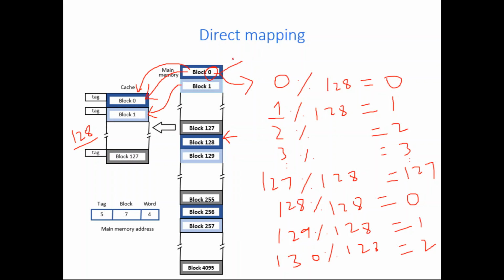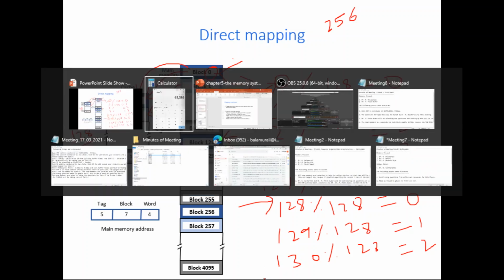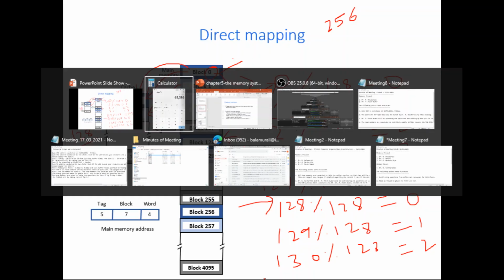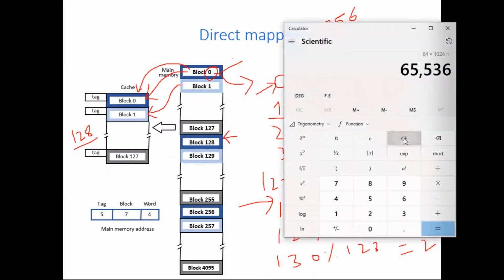For example, if you take block 0, block 128, block 256. What else? 256 plus 128 is how many? All multiples of 128 will map to block 0. 128 into 2 is 256. 128 into 3 is 384.